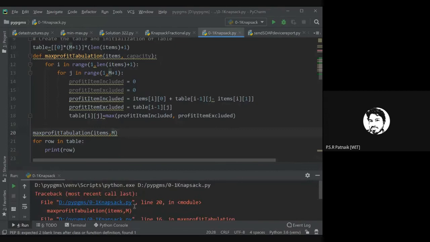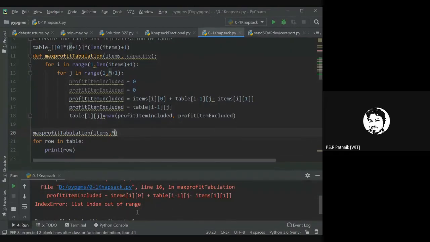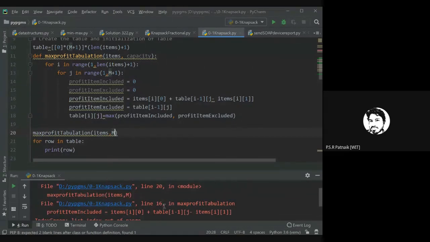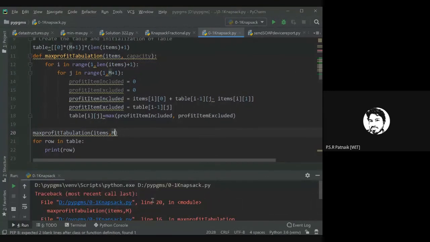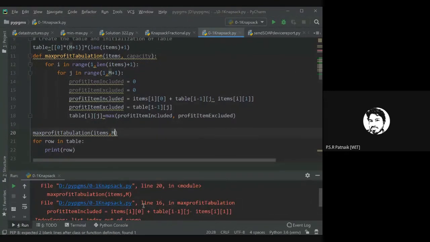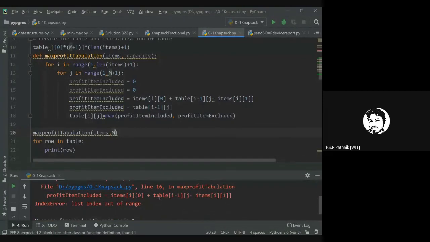Okay, so let us debug this. What we are getting is the list index out of range, and I get it at line number 16. Index max profit and table of ij and items of ij. What is wrong here?